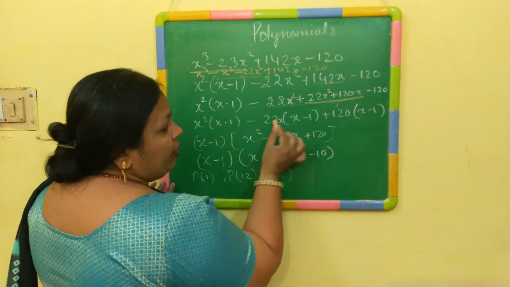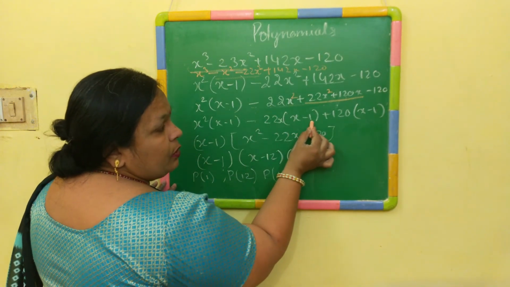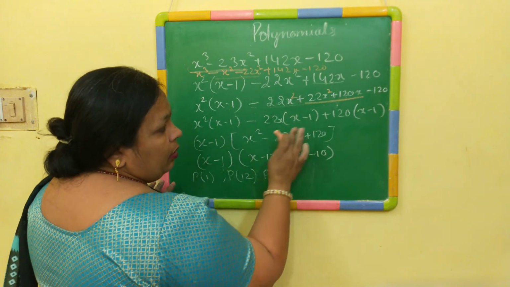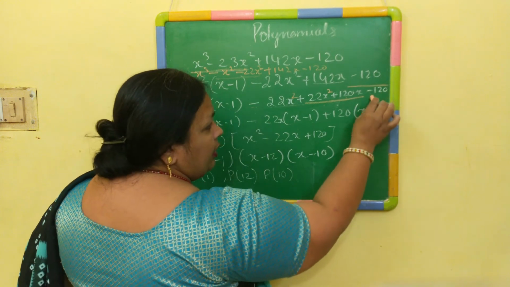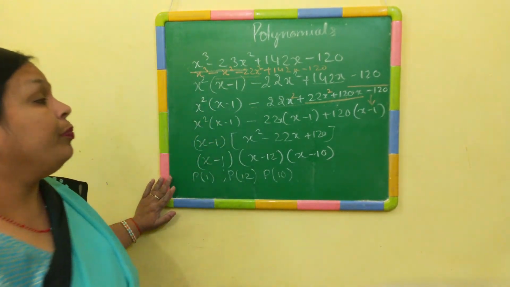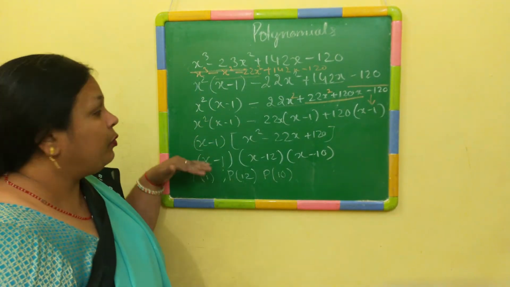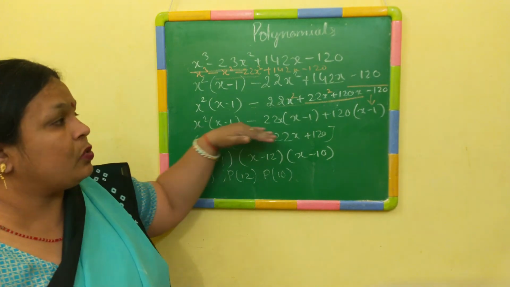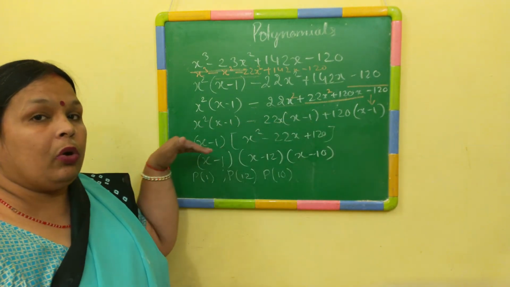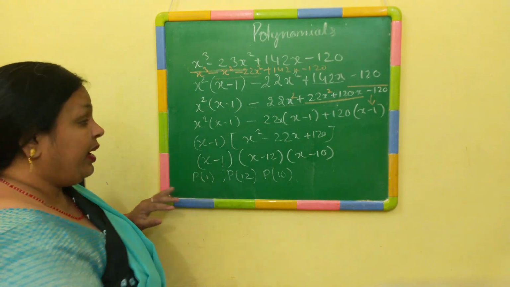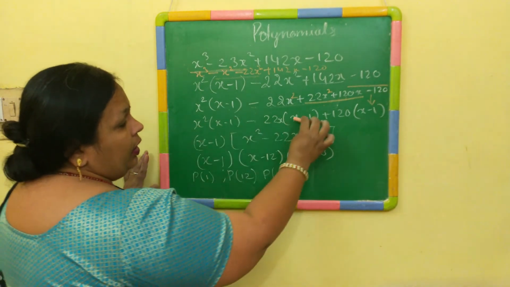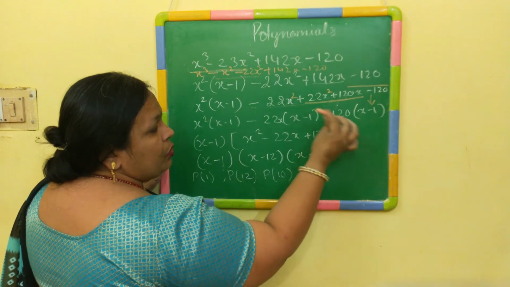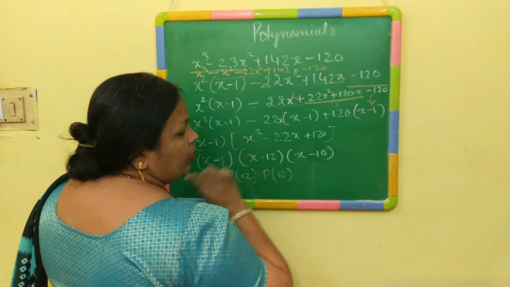From these two we have taken 22x common, x minus 1 as a factor, plus 120 from these two, again we are getting this one. So what we can observe in this statement is x minus 1 is a common term in all. So x minus 1 taken out, we have remained with x square here, x minus 1 taken as minus 22x and x minus 1 taken as 120.